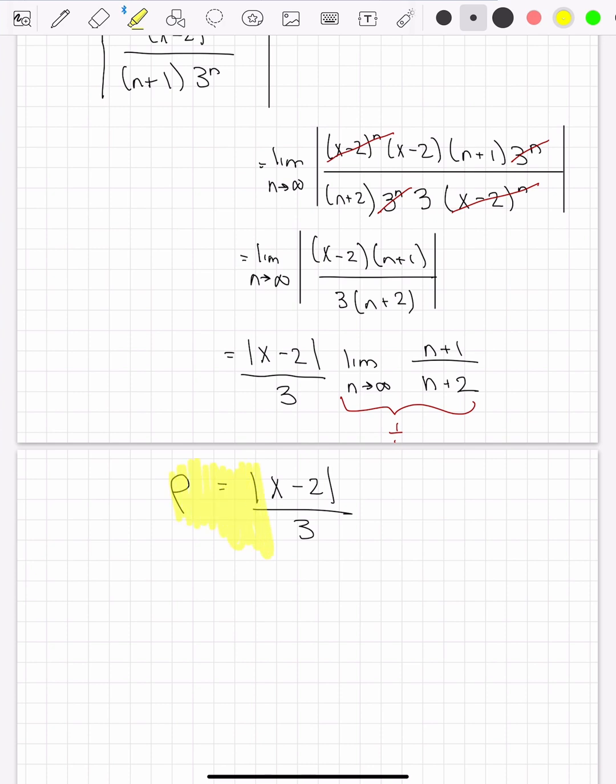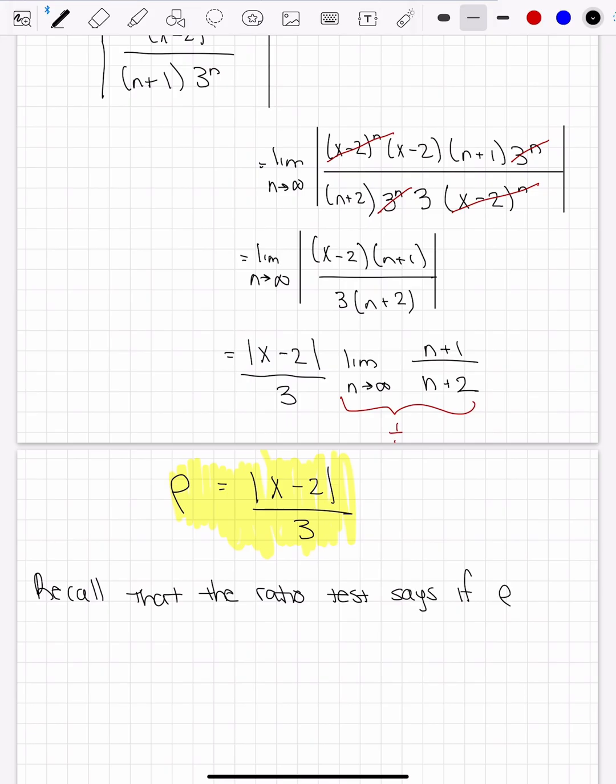So remember, for the ratio test, we get convergence if rho is less than 1. So recall that the ratio test says if rho is less than 1, the series converges.